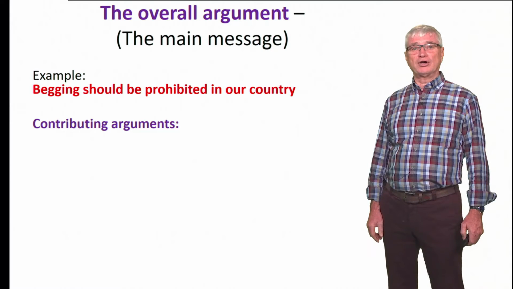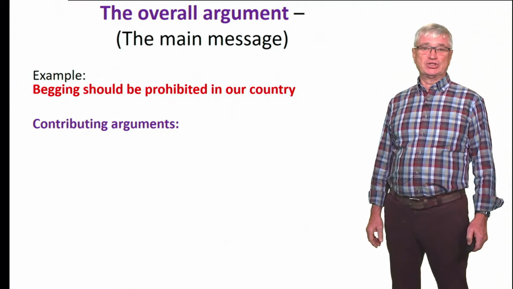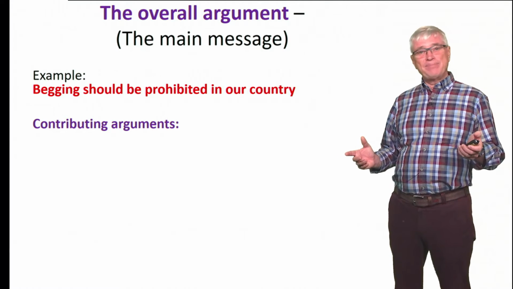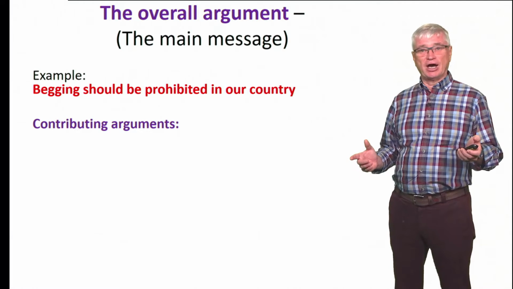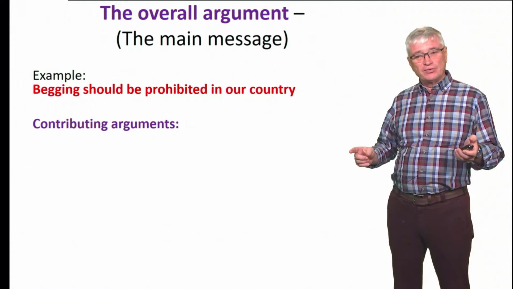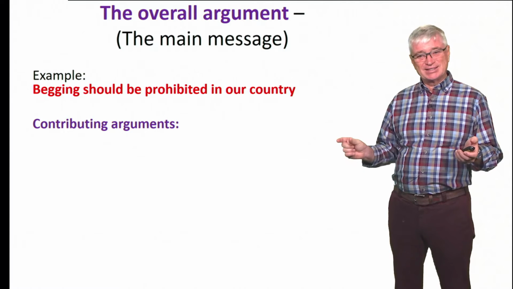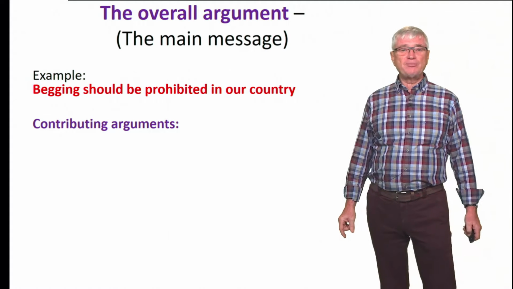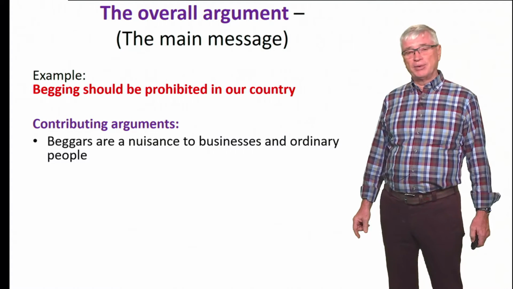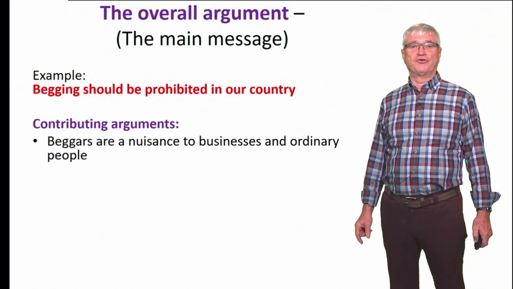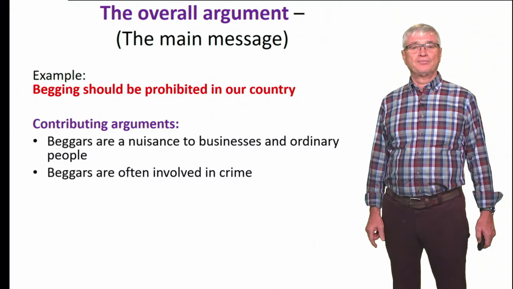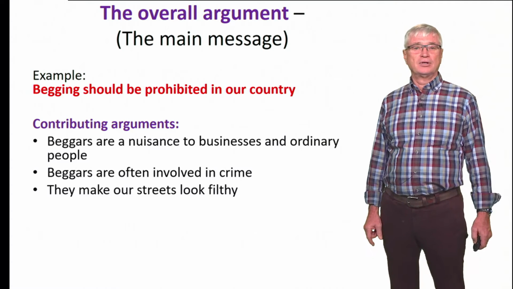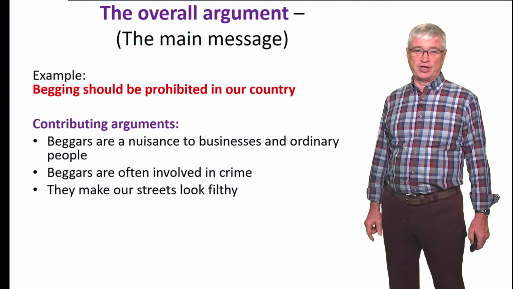The overall argument is the main message. And then you should just make a statement like, begging should be prohibited in our country. So you see, once you formulate a sentence like that, you can argue. Contributing arguments to this could be, beggars are a nuisance to businesses and ordinary people, and beggars are often involved in crime, and they make our streets look filthy.